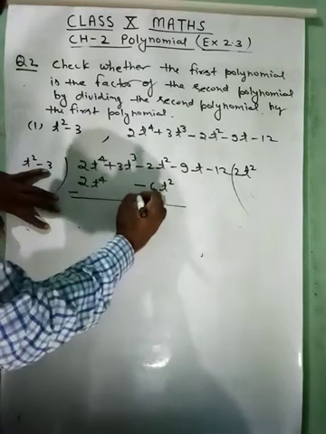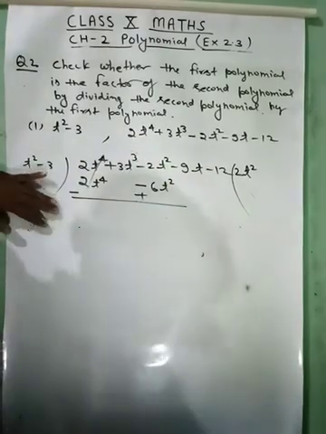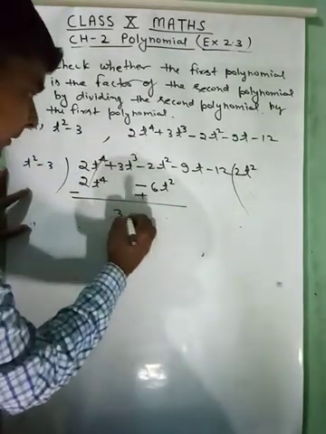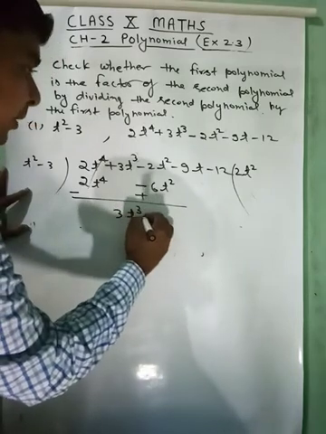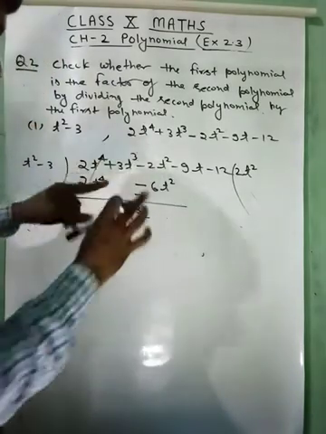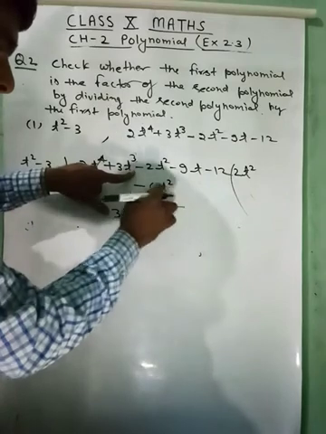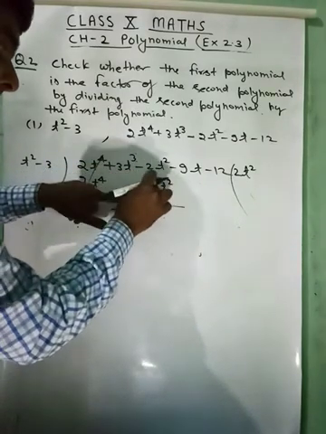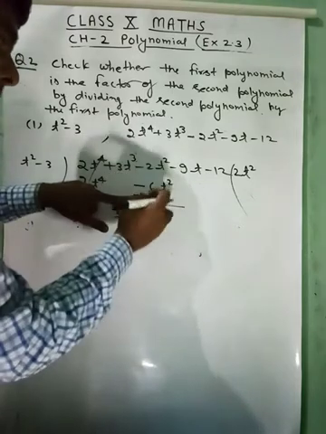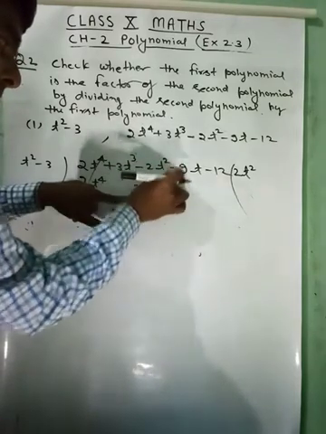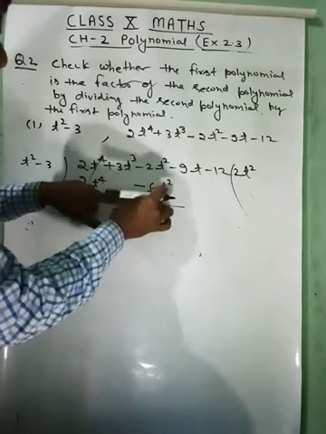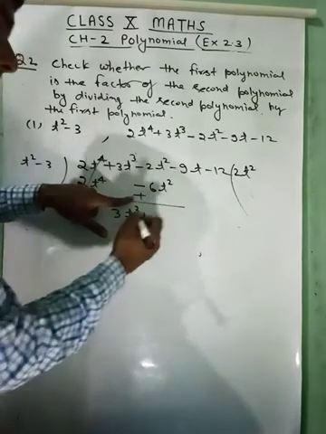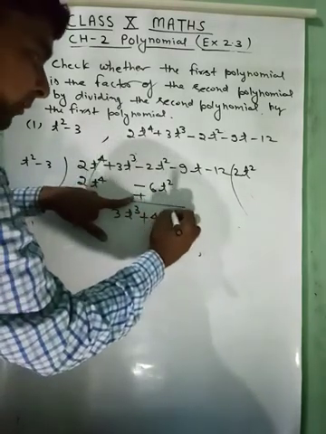It is a negative, it means it is positive. This will be cancelled. Now it is 3t cube minus, now see it is minus sign, it is a plus sign. So we know that it is greater than 2t square. So minus 2t square will be subtracted from plus 6t square. So it will be plus sign 4t square.